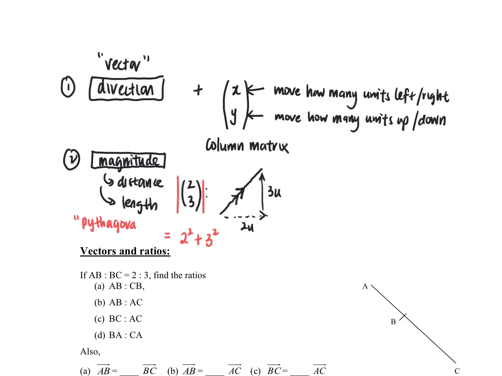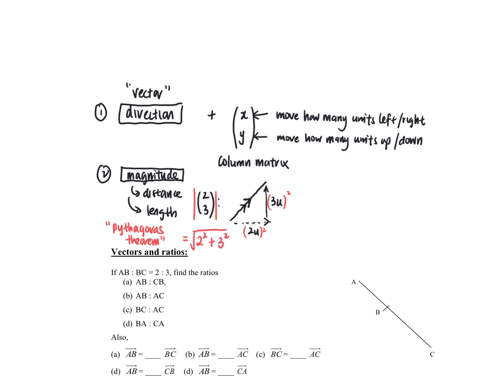Although they don't say it, it is just like Pythagoras theorem. So you square the x and then you square the y, you add it up, followed by a square root. I'm just recapping what you have learned in 5.1. Remember 5.1 talks about vector being a column matrix that tells you magnitude and direction. Magnitude means length, means distance, it is the same thing.